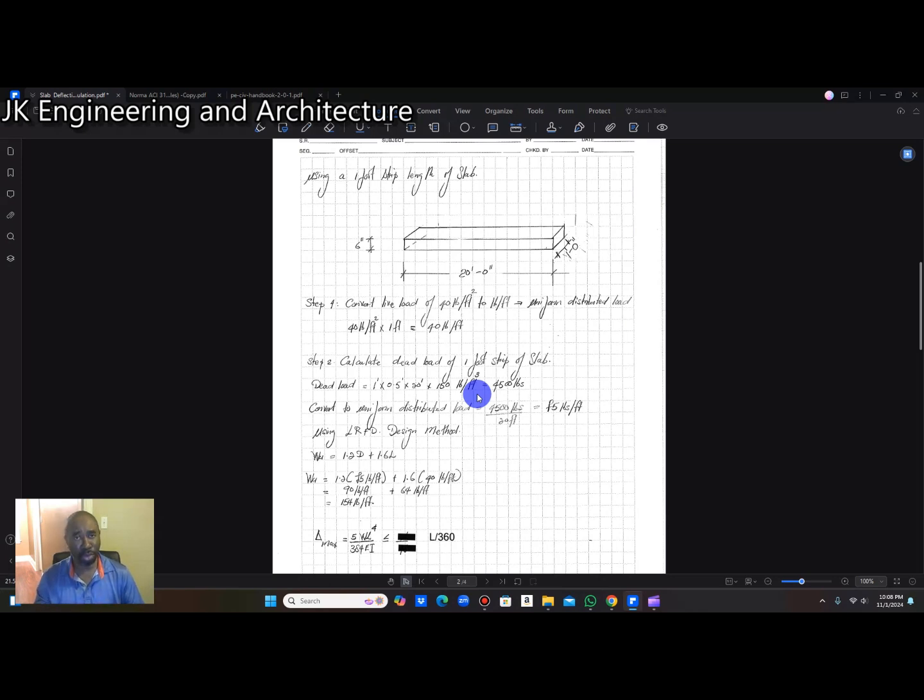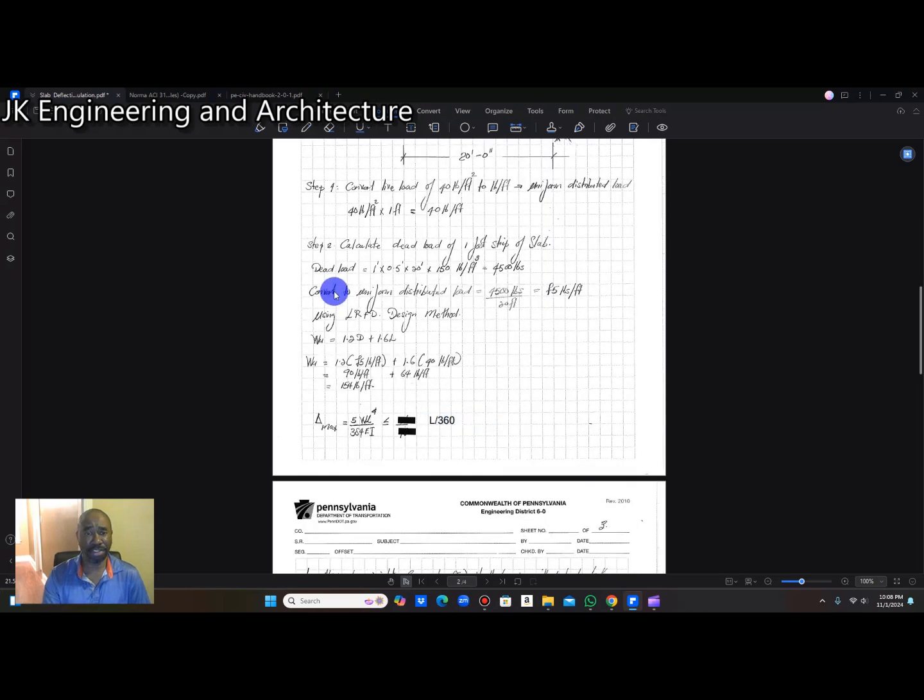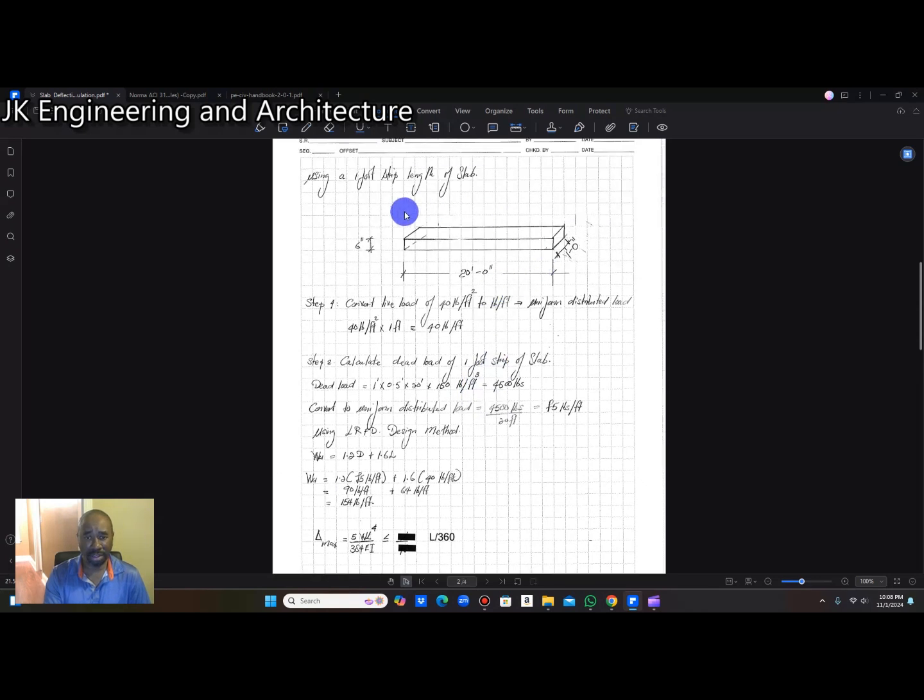All right, but we are using feet and inches in this instance, so we're not using kilonewtons per meter. To convert the unit, when we multiply 1 foot times 0.5 foot times 20 feet times 150 pounds per cubic foot, we get this 1 foot strip of slab to weigh 4,500 pounds.